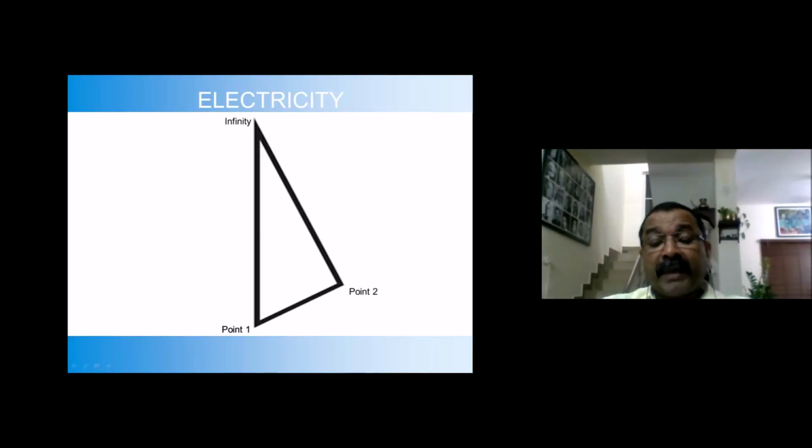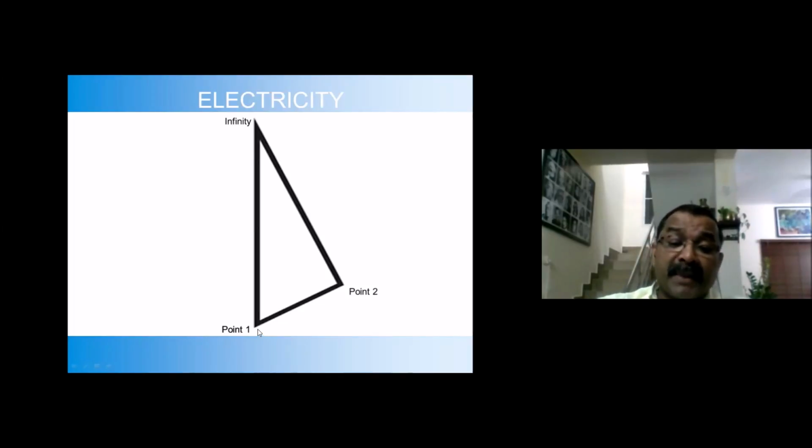We have defined the potential of point 2 by defining a point at infinity. Again, we have an idea of the potential of point 1 by defining a point at infinity, which is a common point.